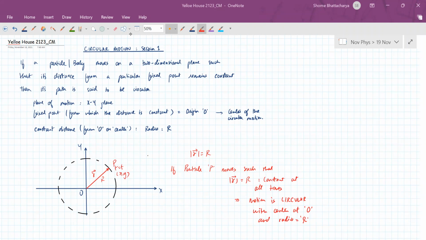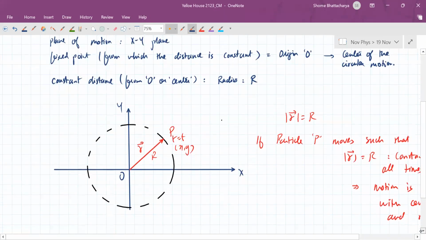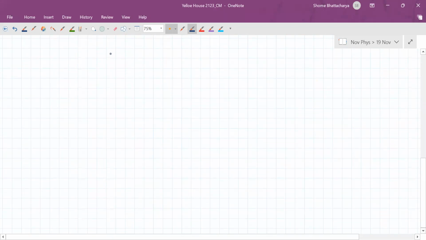Right. So now we can see from here how the equation of the circle works out. If at some time t, the position of the particle is x comma y, the position vector of the particle is x i cap plus y j cap. So the magnitude of the position vector is root of x square plus y square.